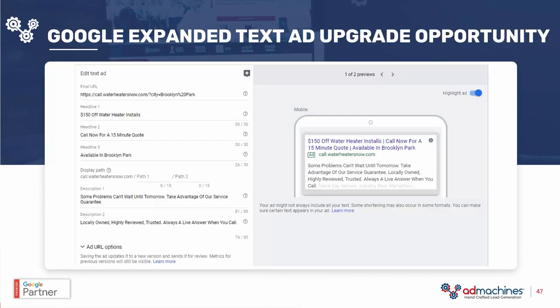But first, you want to make sure that your ads are running on Google's new expanded text ads. You have an opportunity to upgrade your ads. Doesn't cost you anything more.